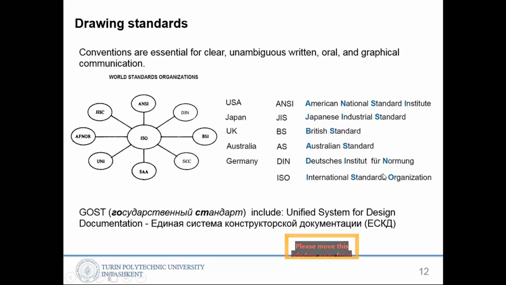Okay, ISO is the International Standardization Organization. So if you wish, you can learn ISO, ANSI, and BS or whatever. It's up to you. If you plan to go to some company, some country's company, you have to learn that standard also.